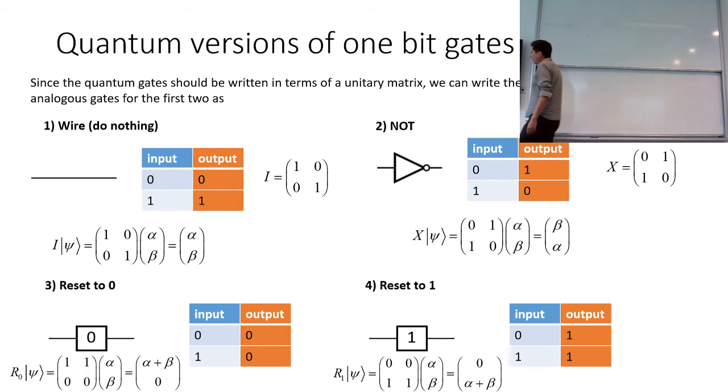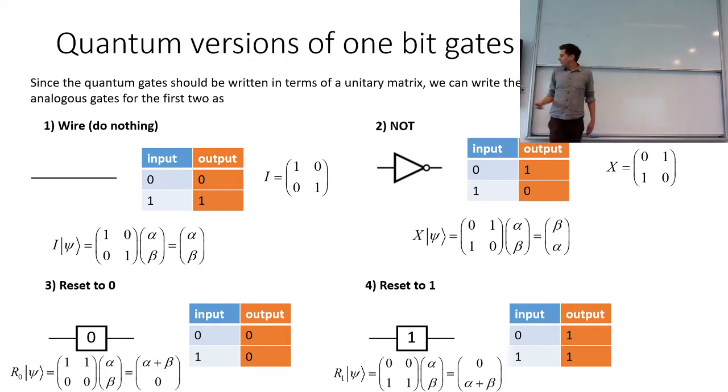We could also write down this reset to 0, and in terms of a matrix, it would look like this. So basically, no matter what the input is, the output is going to be the same. Reset to 1 is also something like this, where the matrix looks like this, and the output is always like this.